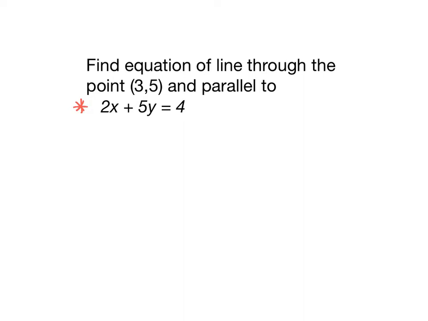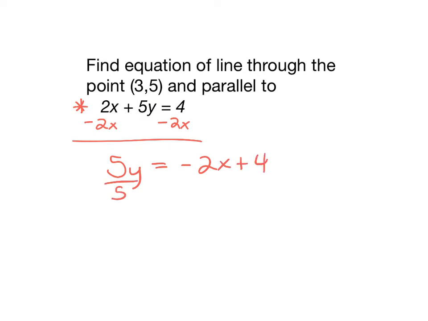So let's rearrange this equation into slope-intercept form. I'm going to subtract 2x. 5y is equal to -2x plus 4. Divide everything by 5. And in slope-intercept, my equation of the line is y equals -2/5 x plus 4/5.